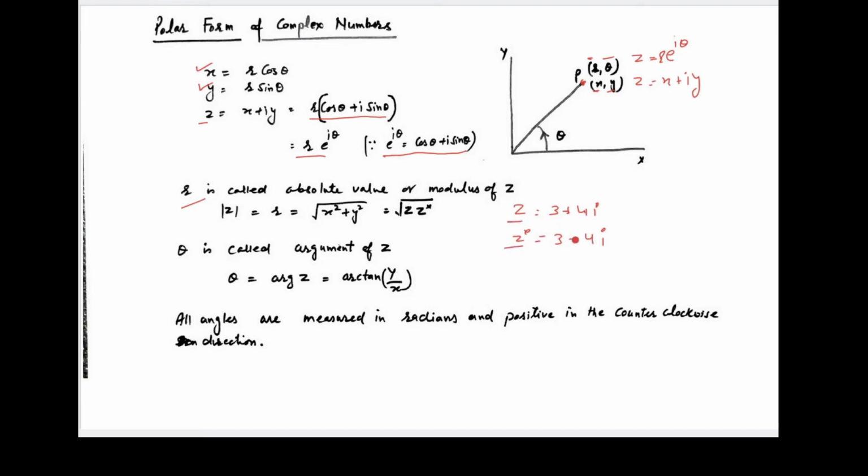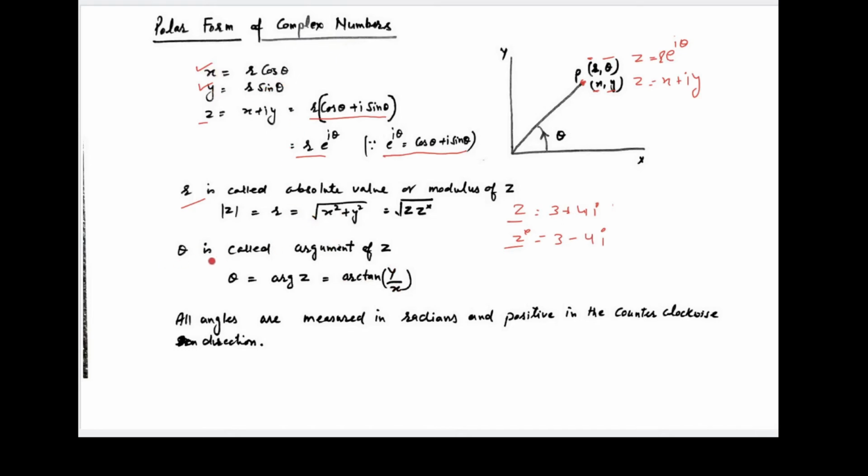Here we have replaced plus iota with minus iota, and from these two relations we can find out value of theta. Theta will be equal to tangent inverse or arctan y upon x, because from here tan theta is equal to y upon x.